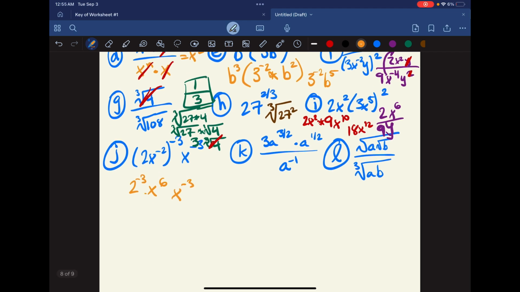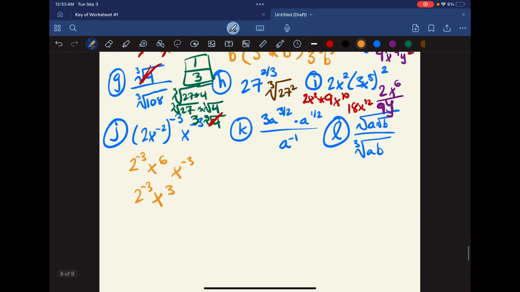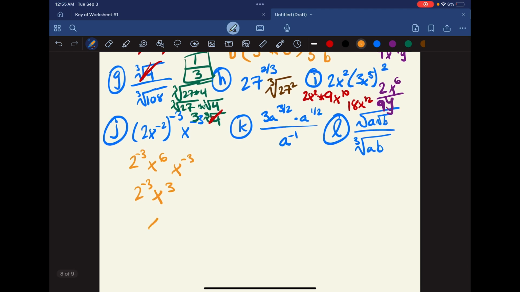Multiplication outside of the exponent becomes addition inside, so 6 plus negative 3 is 3. So we've got 2 to the negative 3 times x to the 3. This could be rewritten as x to the 3 divided by 2 to the 3. 2 to the 3 is 2 times 2 times 2, which is 8. So we could say x to the 3 over 8, or 1/8 x to the 3, or whatever you want.